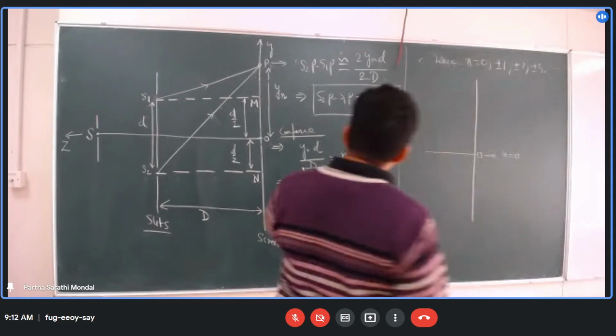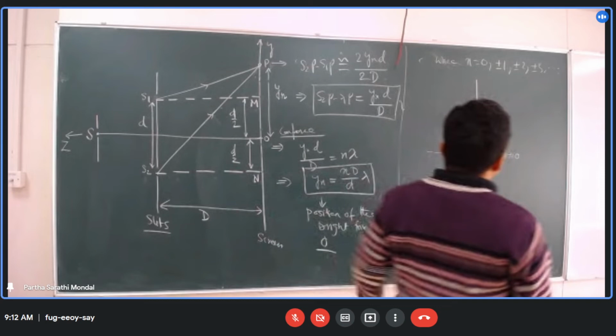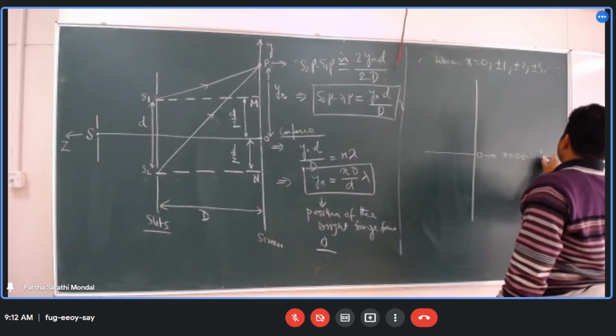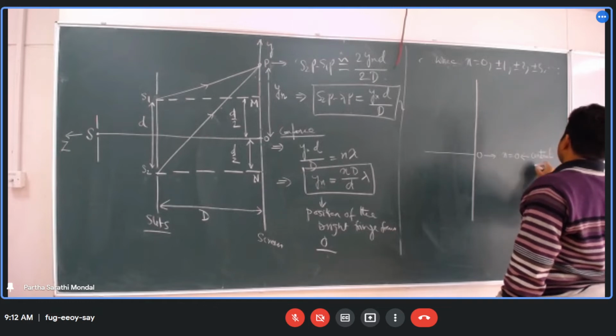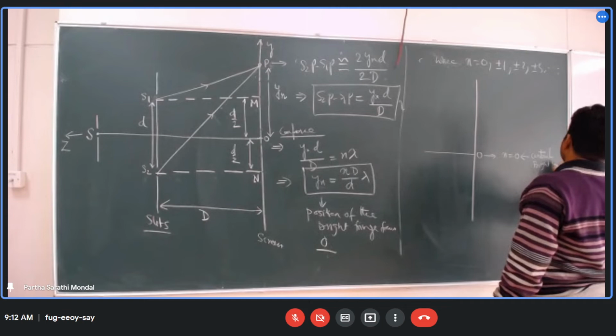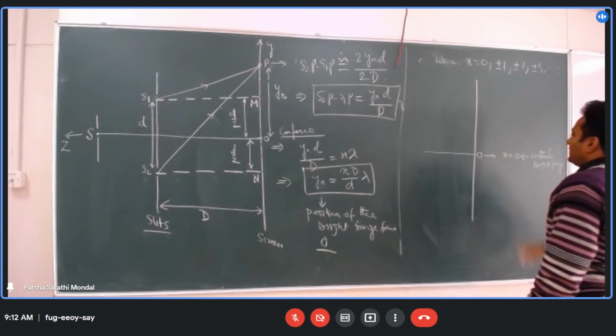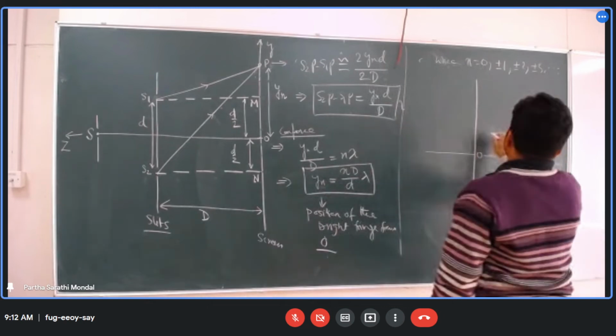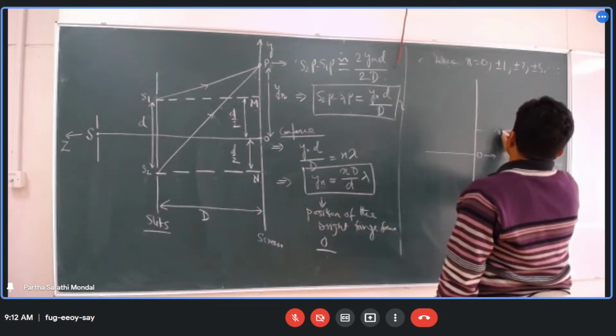If I put n equal to 0, yn will become 0. So this will give you the central bright fringe.